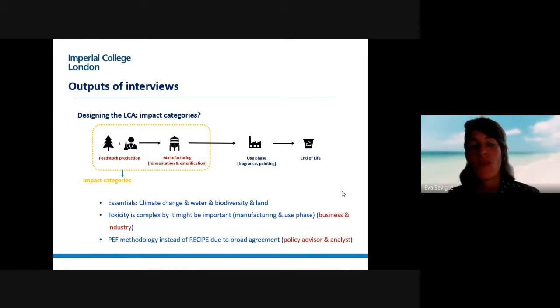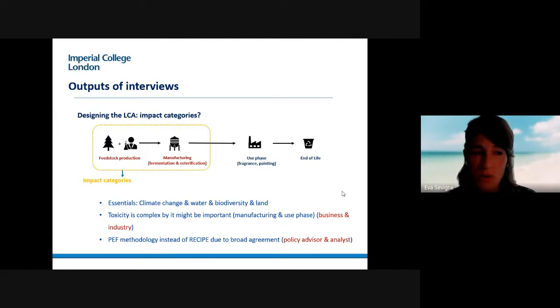To the question of what impact categories we need to include in the study, all stakeholders believed that the most important ones that should be included, regardless of the output, are climate change, water consumption or water scarcity, biodiversity impacts, and land use impacts. Even if these products are using GMOs.